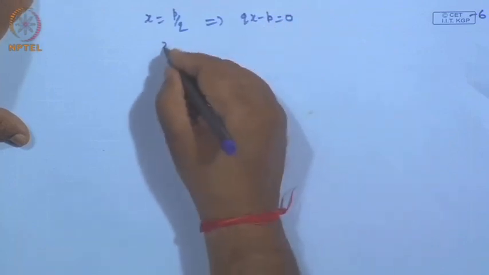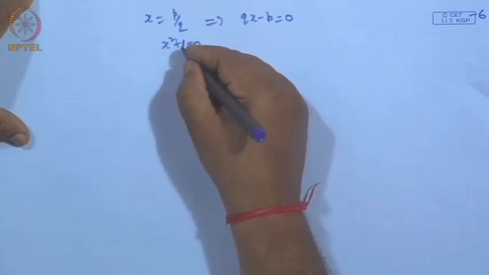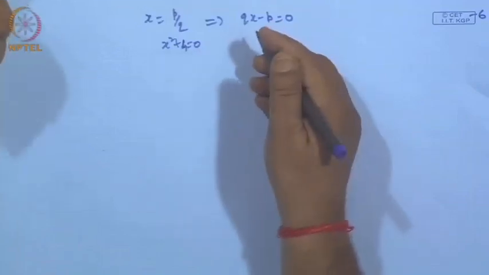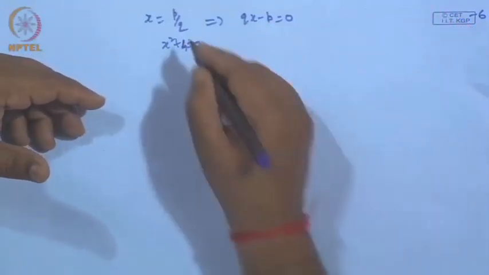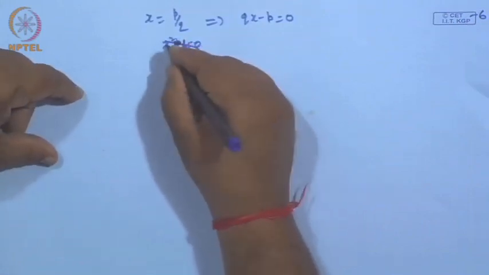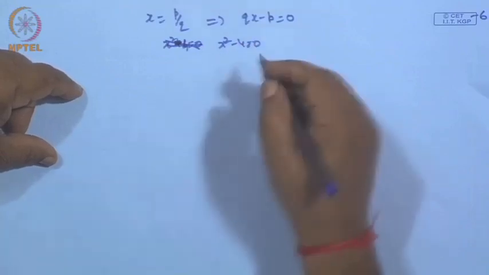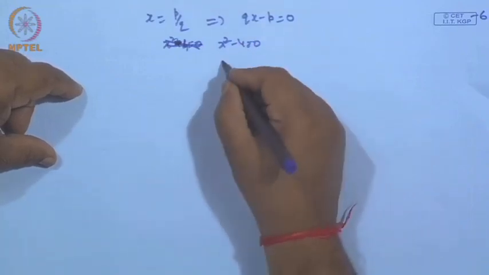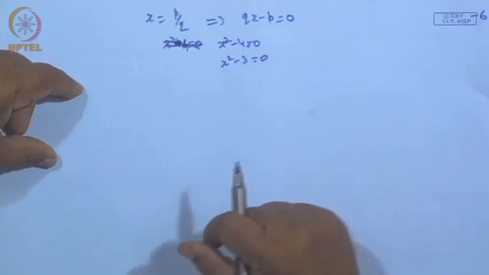But if we take an equation like x square plus 1 equal to 0 or x square plus 4 equal to 0, then we get complex numbers. If I get x square minus 4 equal to 0, then you get x equal to plus minus 2, but if I get x square minus 3 equal to 0, you get an irrational point.